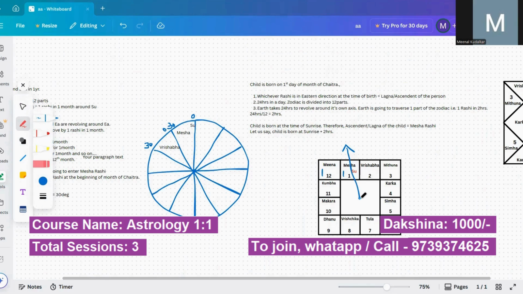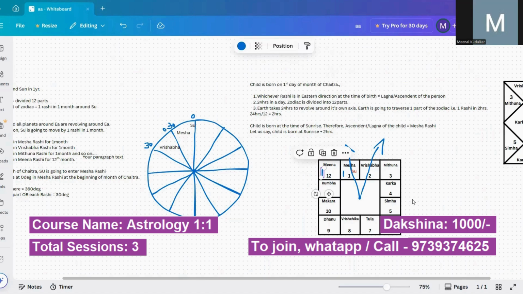So if you look at the eastern direction, the Rashi that will appear will be Vrishabha Rashi. That will become the ascendant of the native.